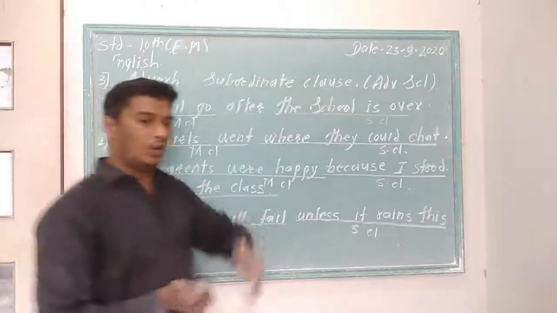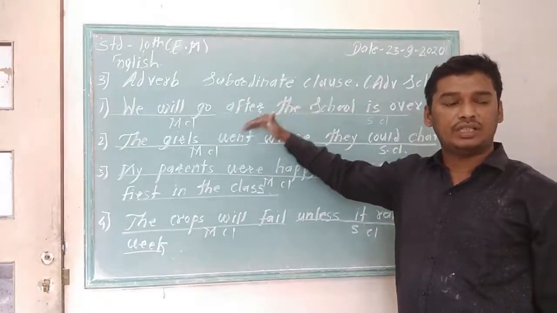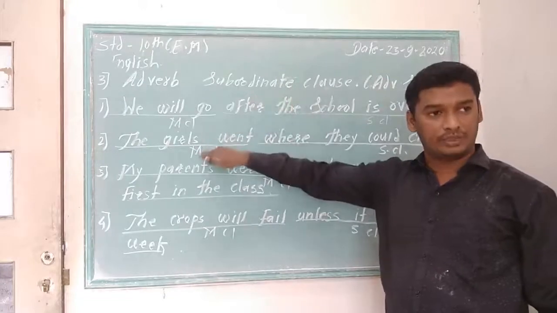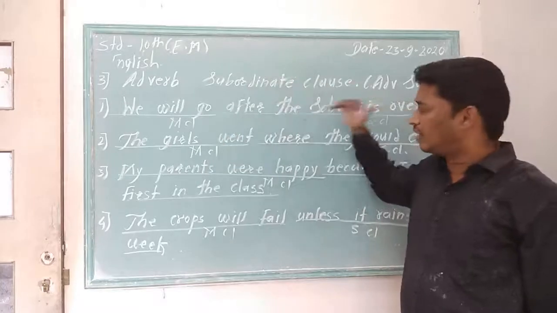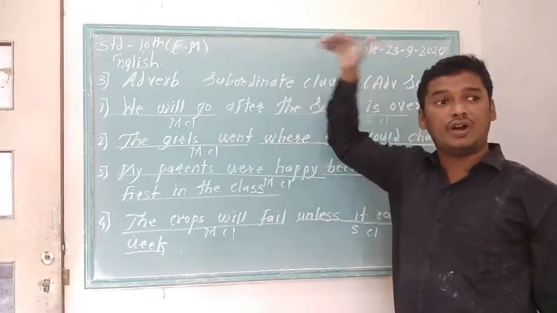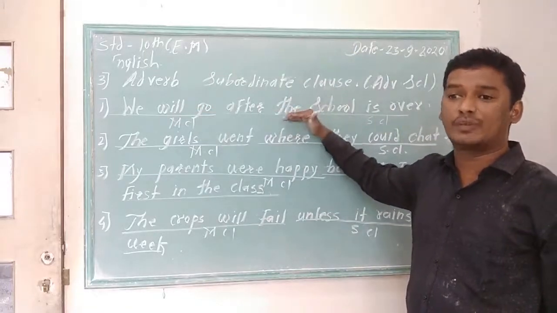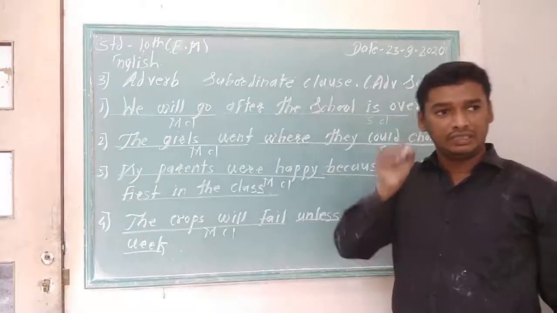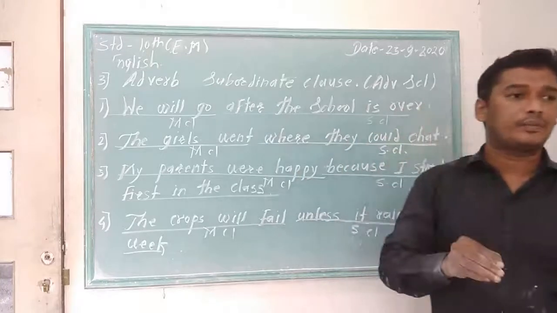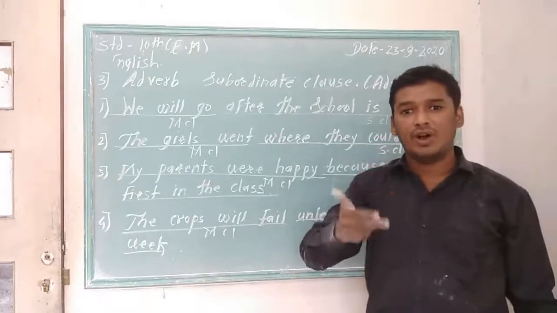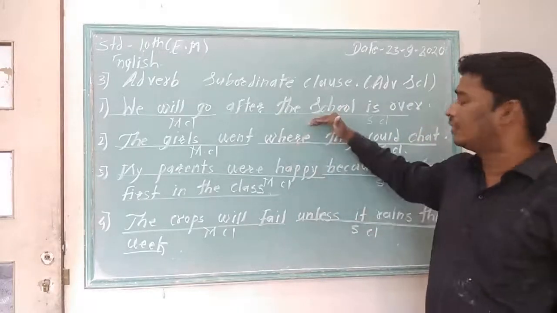If the subordinate clause describes the action or adjective in the main clause, then such subordinate clause would be an adverb subordinate clause. Listen once again. If the subordinate clause in the given sentence describes the action or an adjective in the given main clause, then that is an adverb subordinate clause.